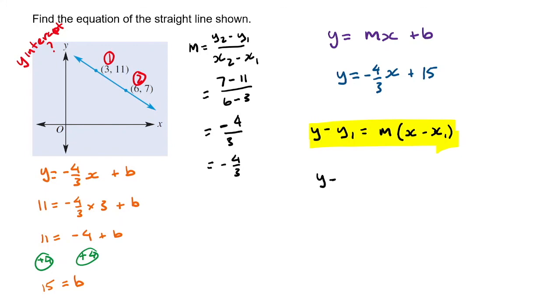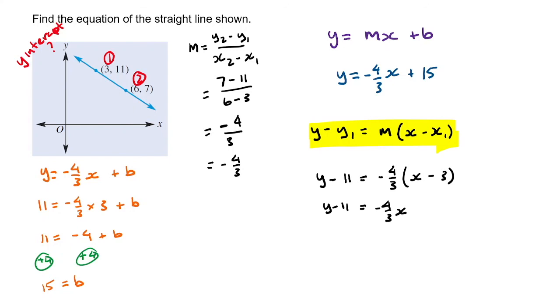Alright, so that first point, that's going to be 11. I'm going to have my minus 4 on 3. Alright, and then this is going to be minus 3 here. And then I do exactly the same thing as I did before. Okay, so I'm going to expand my brackets. Alright, so minus 4 over 3x.